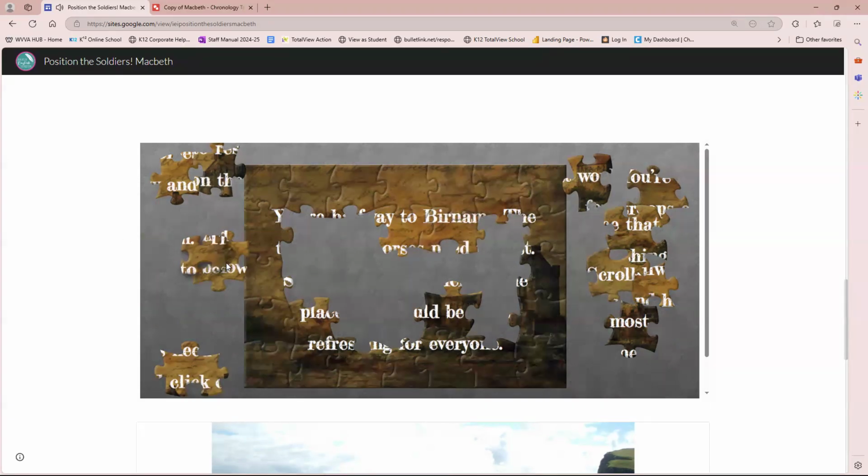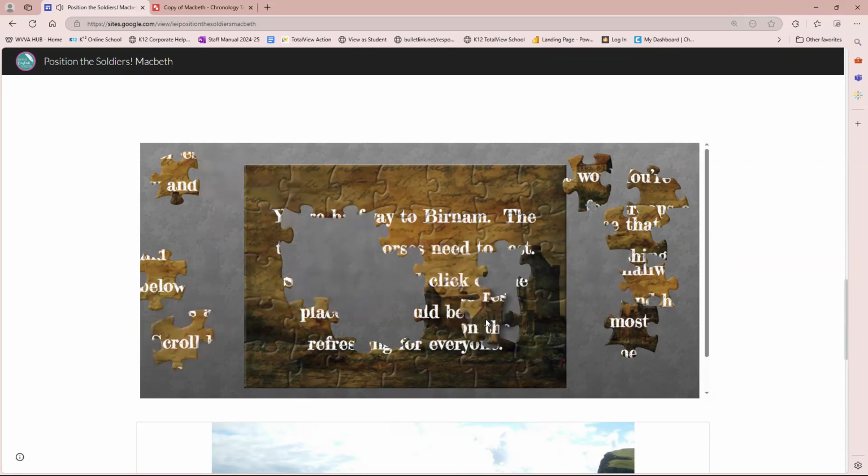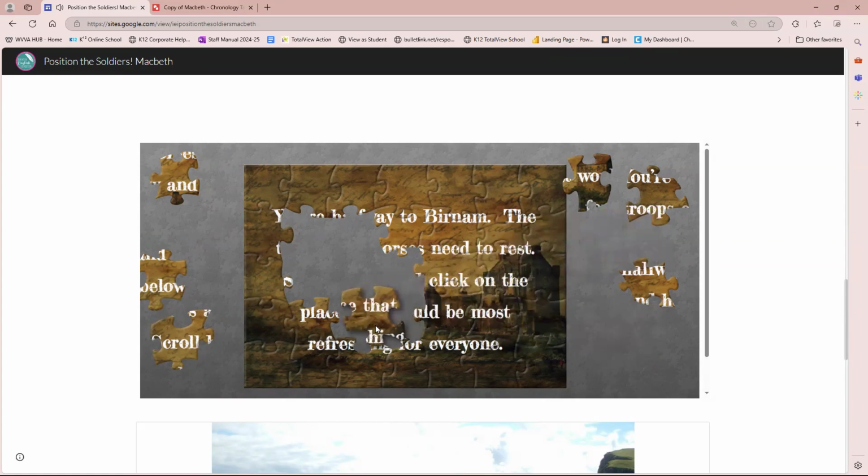And I'm just trying to guess by the shapes. Minus 25 minutes. It doesn't look like it fits there. All right, so these darker pieces have to go over there.